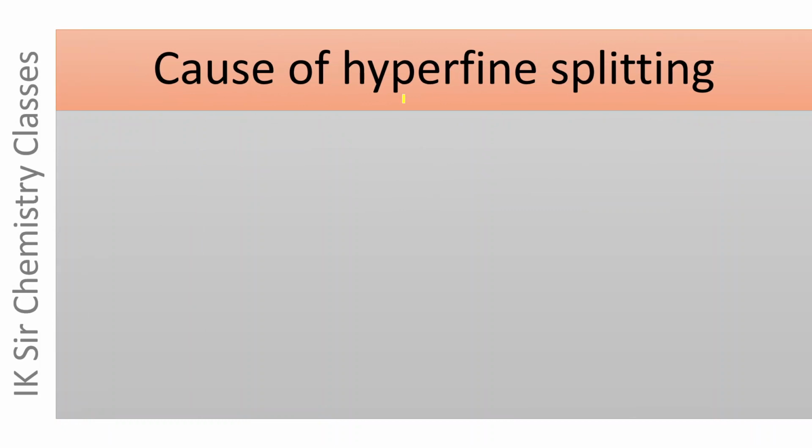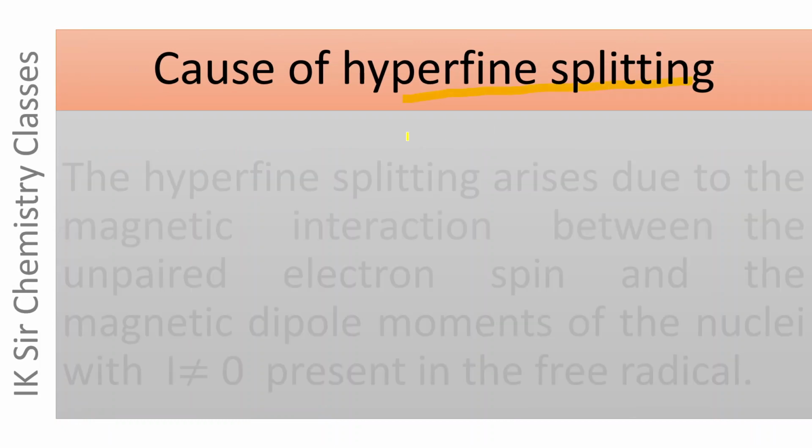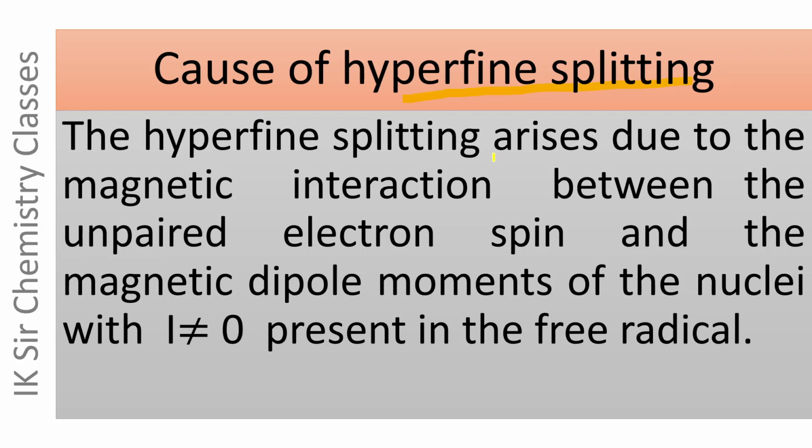Cause of hyperfine splitting. The hyperfine splitting arises due to magnetic interaction between the unpaired electron spin and the magnetic dipole moments of nuclei with nuclear spin non-zero present in the radical.